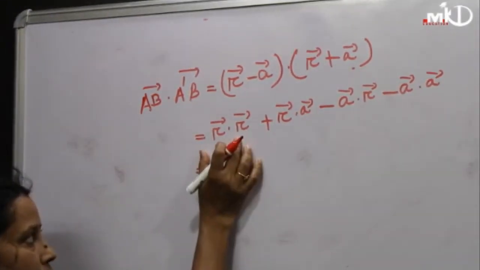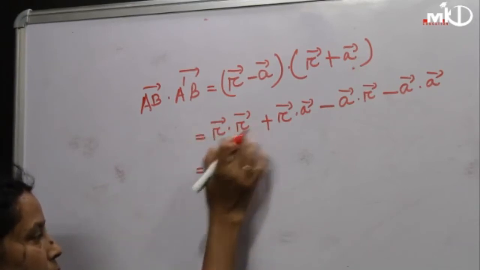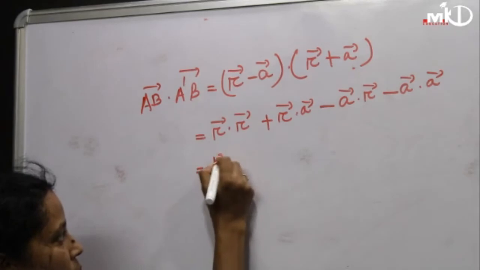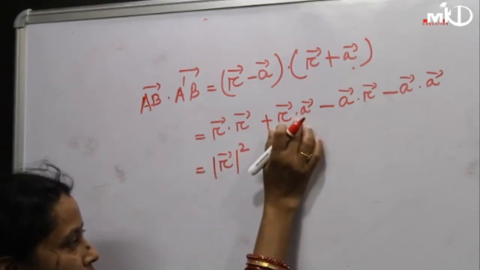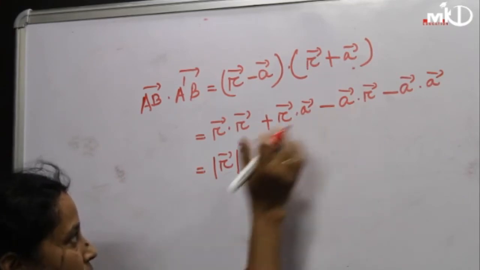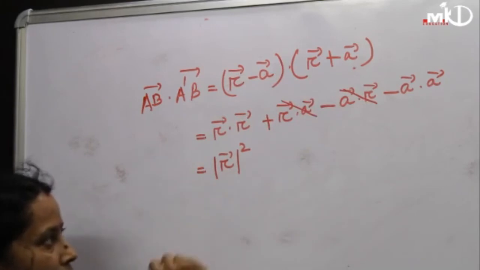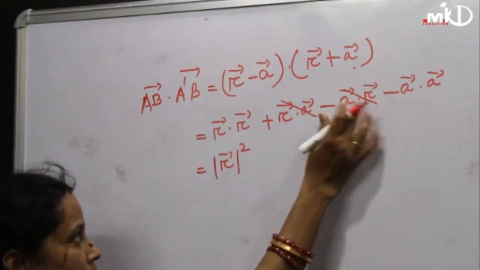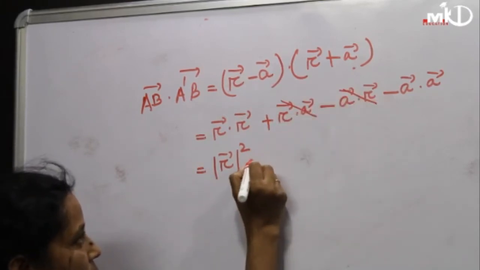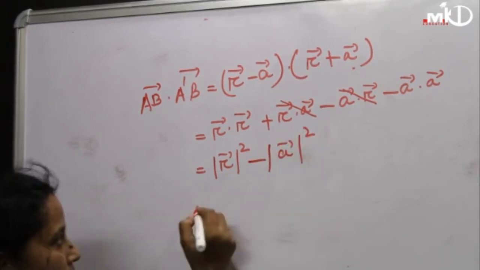Already we discussed from the properties that the dot product of the same vector is the square of its modulus, and the scalar product of two vectors is commutative. So R bar dot A bar minus A bar dot R bar cancel, and it is equal to modulus of R bar square minus modulus of A bar square.